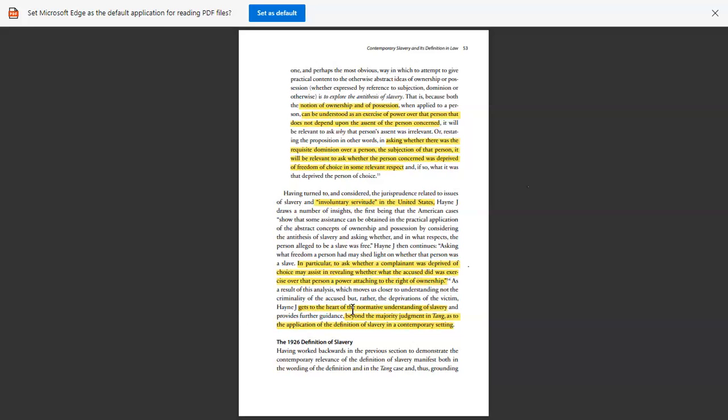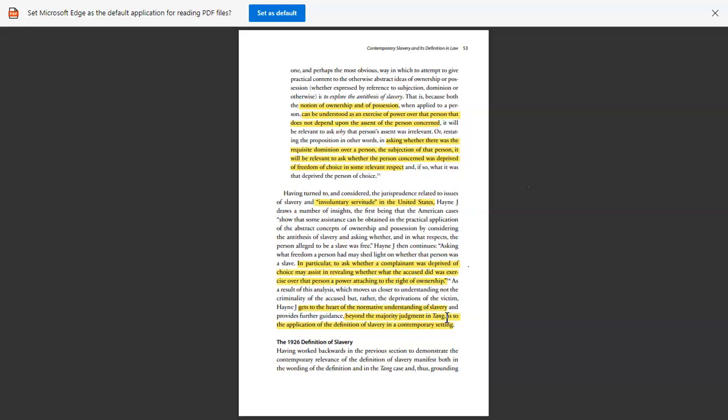So it gets to the heart of the normative understanding of slavery. Since slavery no longer exists, it's kind of like collusion. And so conditions like slavery, which we call human trafficking now, is what they're talking about. So that's the heart of the normative understanding that's going on.